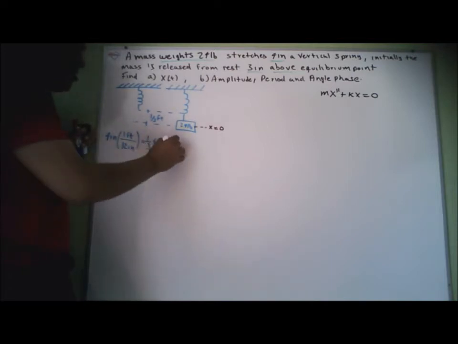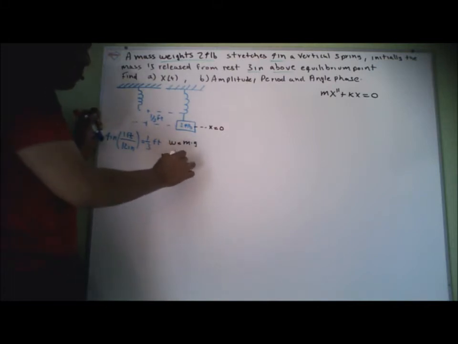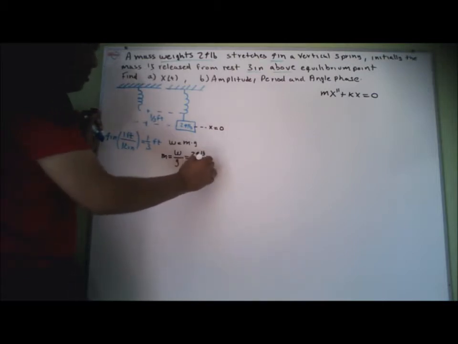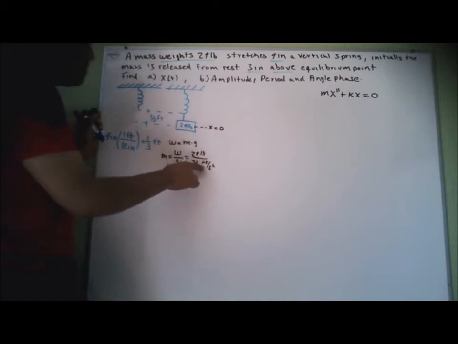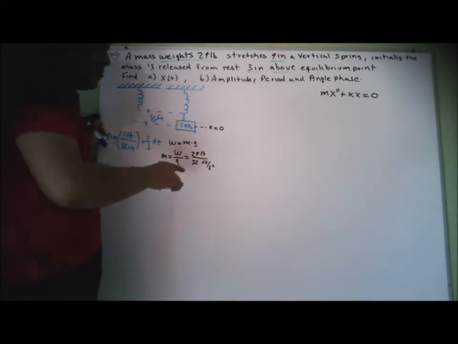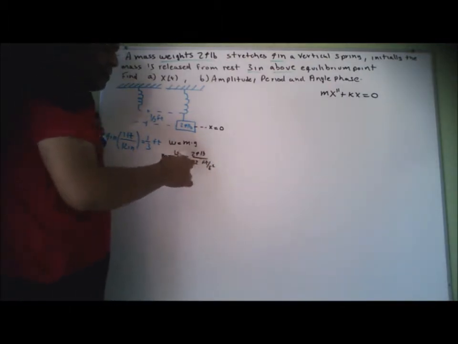The weight is the mass times gravity, so the mass is the weight over the gravity. The weight is 24 pounds and the gravity is 32.2 feet per second squared. That is why we need to convert inches into feet, because gravity is in feet. Usually it's 32.2, but let's round it to just 32.